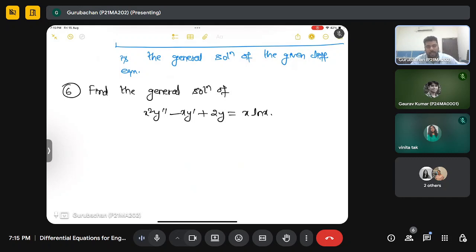Then we will apply the auxiliary equation method, and since it will convert into constant coefficients, you can apply the method of undetermined coefficients. So try this one. First, convert this into a constant coefficient non-homogeneous second order differential equation. Then you will apply that method of undetermined coefficients.